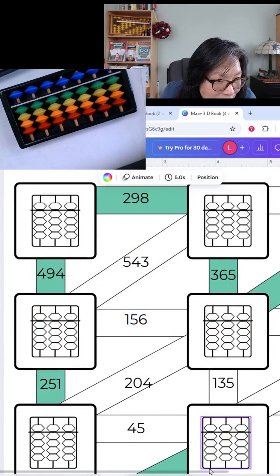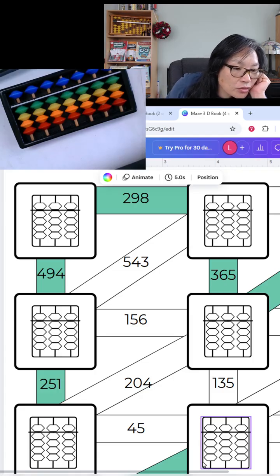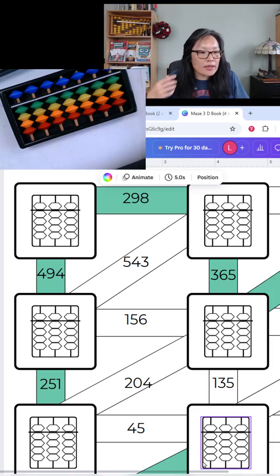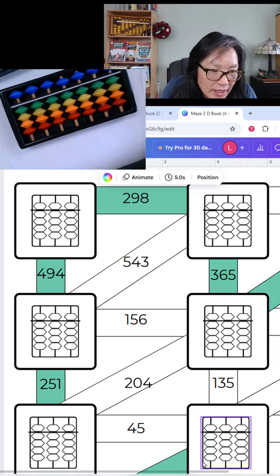Do you know if kids are allowed to use these in school? You know, it depends on the teacher, and it depends on the parents or the advocates for it. So if you are really adamant about your child using it, it should be fine because they use it for special education kids. You know what I mean? Like people who are blind use the abacus.